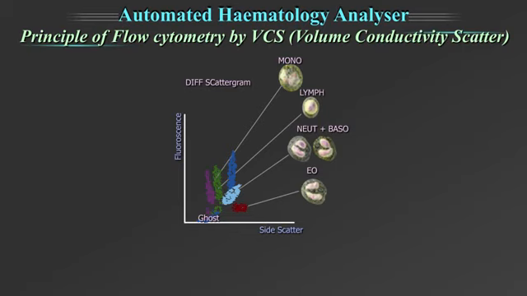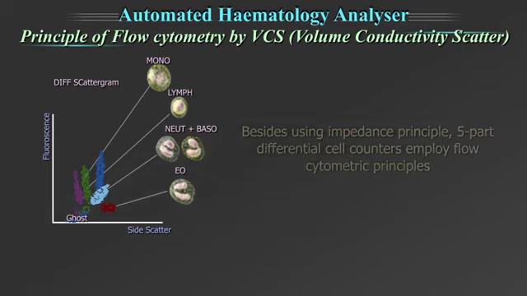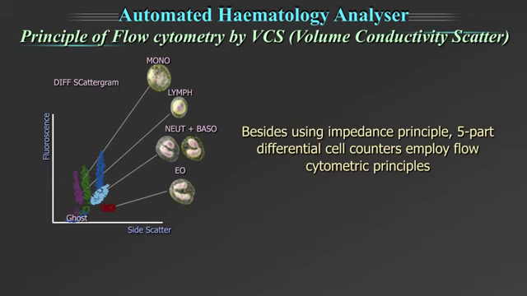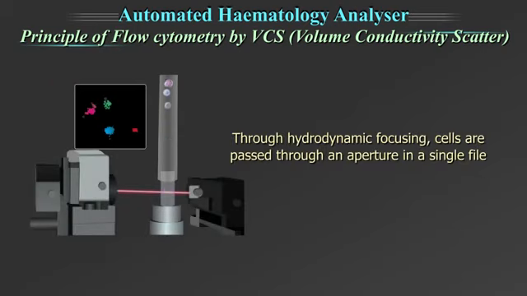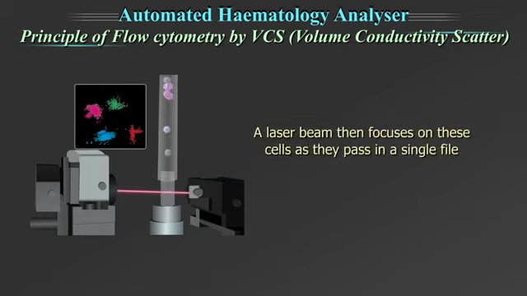The principle of flow cytometry by volume conductivity scatter. Besides using impedance principle, 5-part differential cell counters employ flow cytometric principles. Through hydrodynamic focusing, cells are passed through an aperture in a single file. A laser beam then focuses on these cells as they pass in a single file.